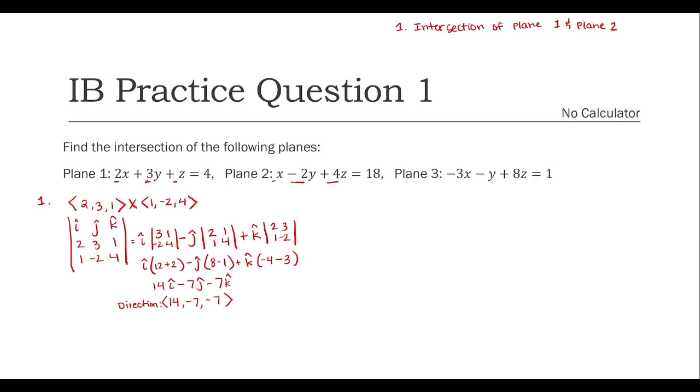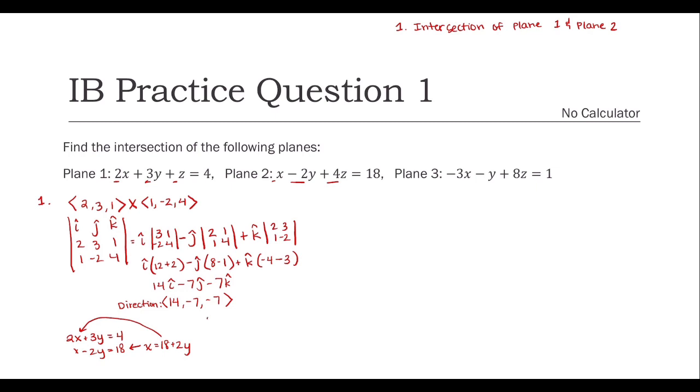Now we need a position vector. So to do that, we're going to plug in 0 for z in both equations. So we have 2x plus 3y plus 0 equals 4. And then x minus 2y plus 0 equals 18. So if we solve this second equation for x, we'd get that x equals 18 plus 2y. And we can plug that in for x in our first equation.